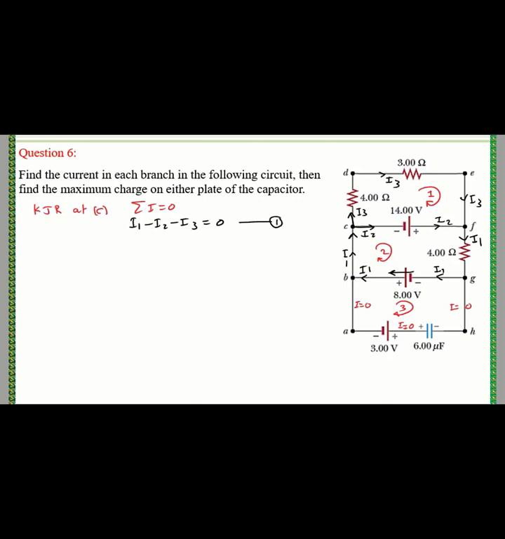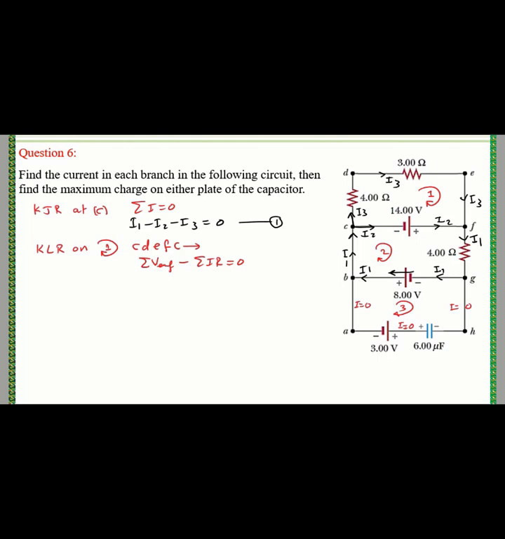Now, Kirchhoff's loop rule on the first one, the upper loop, from C to D to E to F to C again, sigma EMF minus sigma IR equals 0.